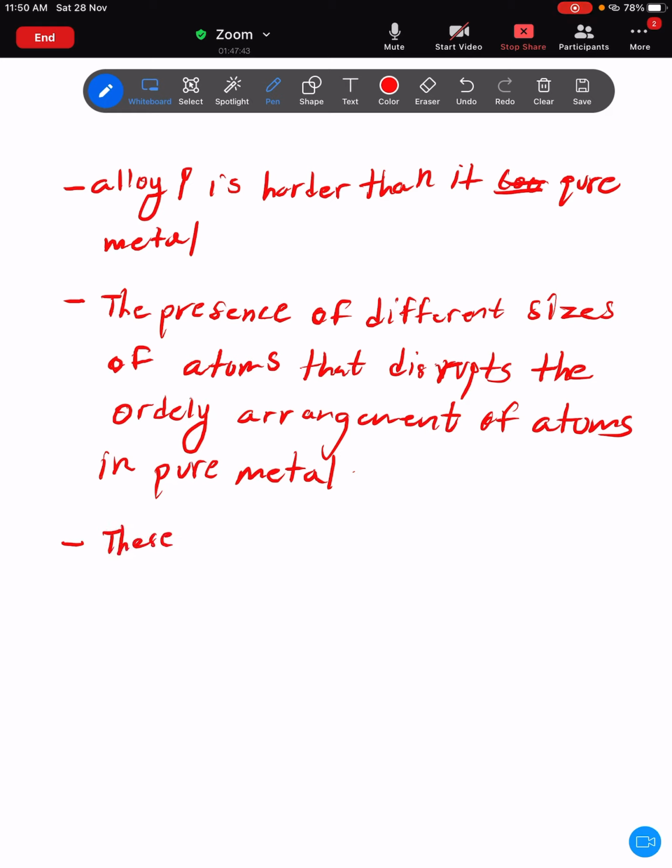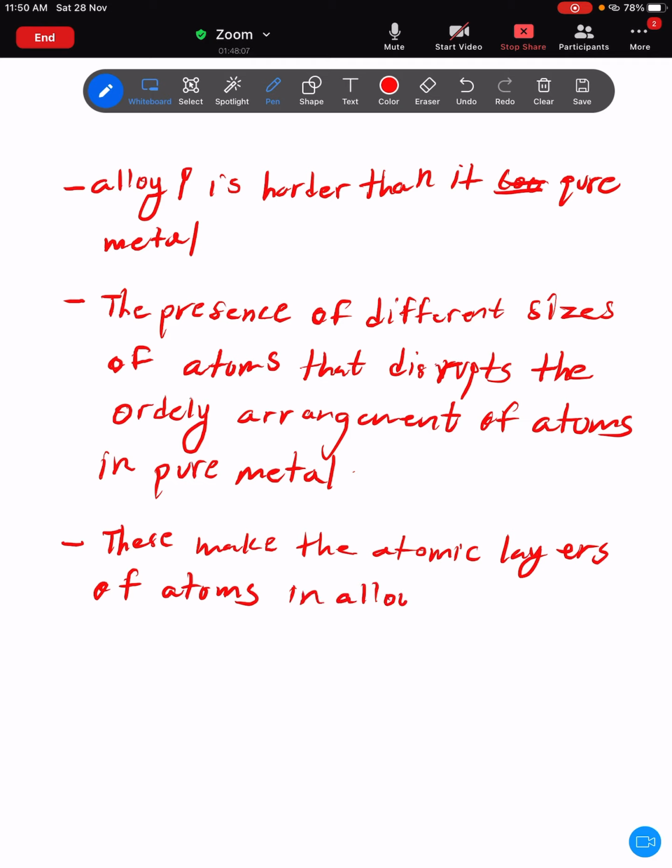Those make the atomic layers of atoms in alloy harder to slide over one another.